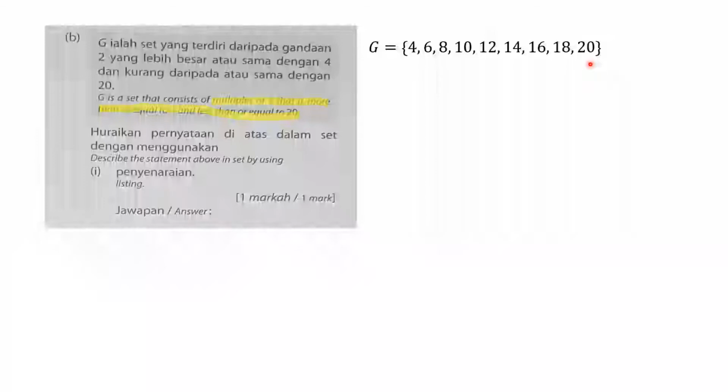If you're wondering why we don't include 2, it is because the statement already said that it must be more than or equal to 4. If you're also wondering why 20 is included, it is because the statement has given it must be less than or equal to 20. So this will be the listing of set G.